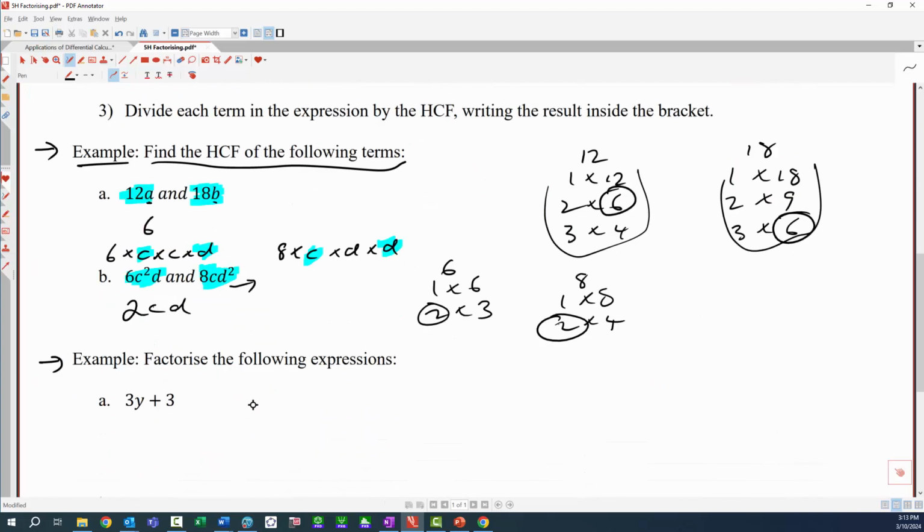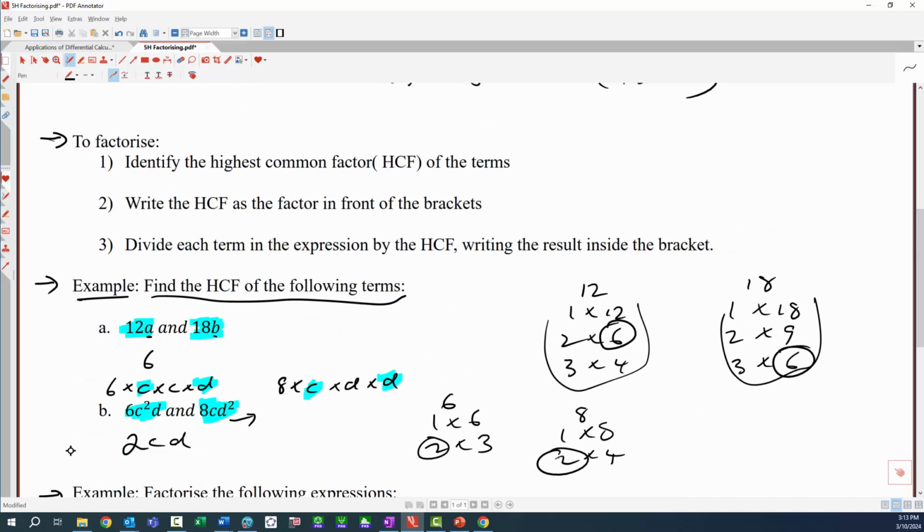Step 1, recall, is to identify the HCF. That is, we want to know what the highest common factor of the two terms is. We notice that we've got a 3 and a 3. This has got a y, but this doesn't. So all we're going to say is that we've got 3 as a common factor. Write the HCF as the factor in front of the brackets.